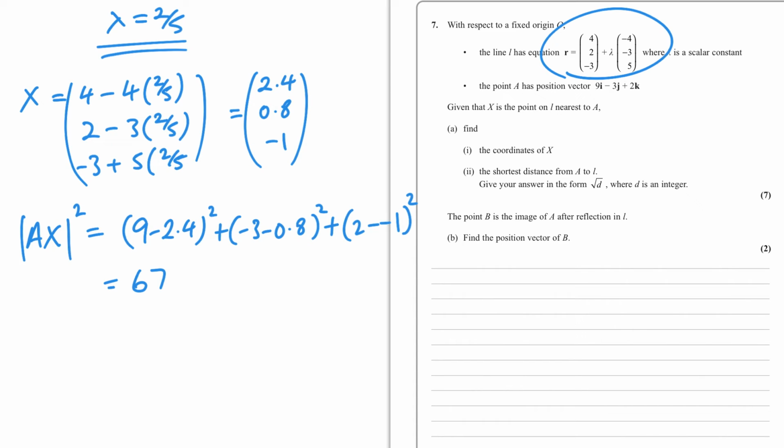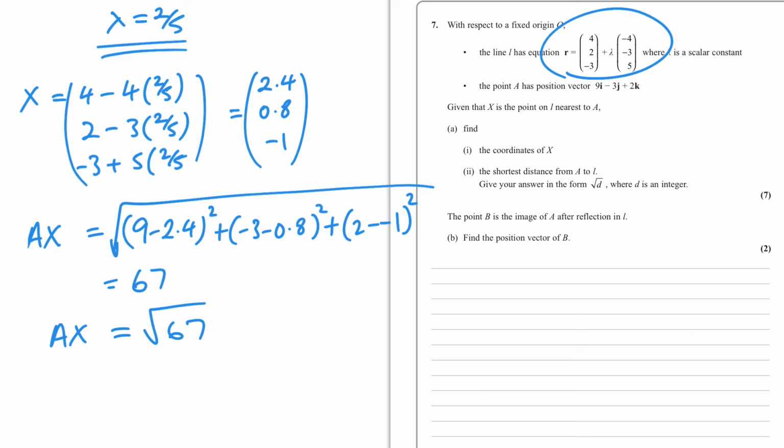This is going to give me 67. That means this distance, AX, is going to be root 67. Now, I could have just written it straight in terms of AX here and put the square root over it and the square root there.